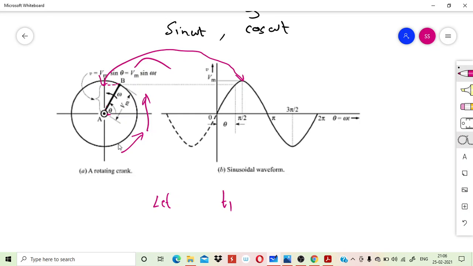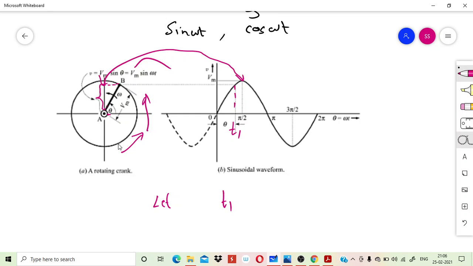That means this vertical length, corresponding to this projected length, gives the corresponding sinusoidal value at this instant of time, t1.